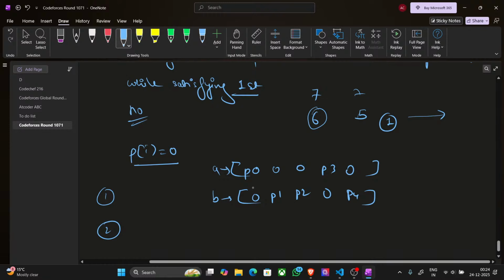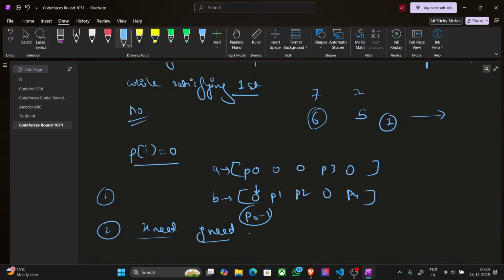In the second loop you will come with x need and y need, and after this you will start putting like y need and b1 b0. How much you can put up to p0 minus 1. This much need you will put here. Then for x0 you can put how much need, like p1 minus 1, then again p2 minus 2, then here p3 minus 1, then p4 minus 1.